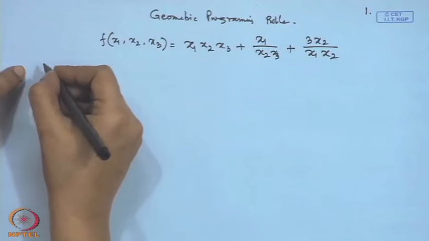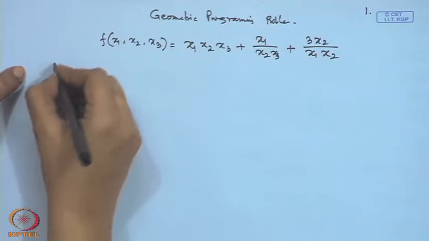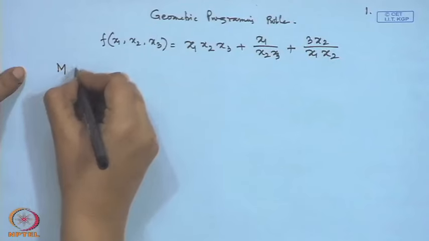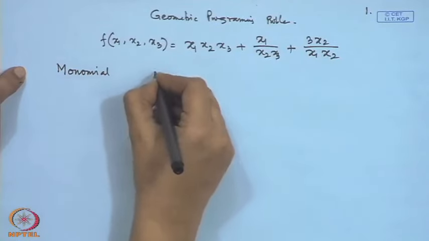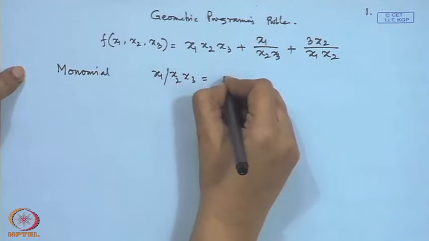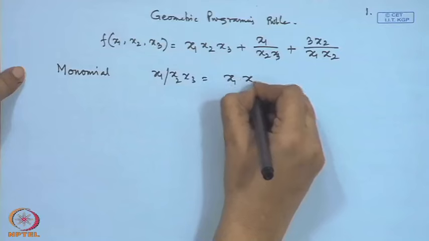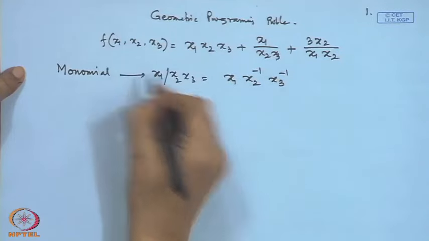That is why we need to know the definition of the posynomial. Before going to that, let me first go to the monomial. What do we mean by monomial? A monomial is a single term, say x1 by x2 x3. I can write it as x1 x2 to the power minus 1, x3 to the power minus 1. This is a monomial.